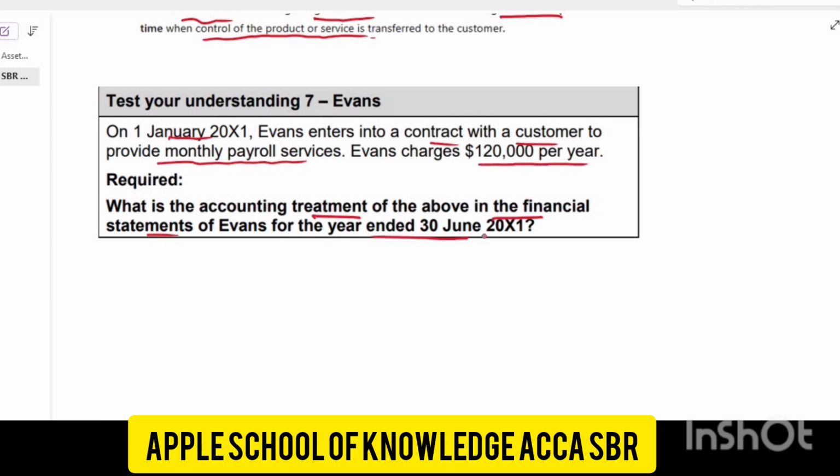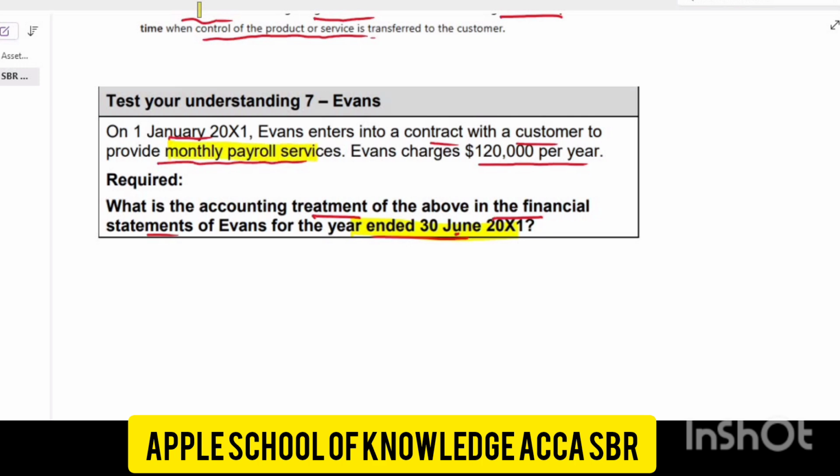Now you see we have to apply the knowledge that we have already studied, and I have already told you that for the year ending 30th June 2001, the entity would recognize revenue over time.